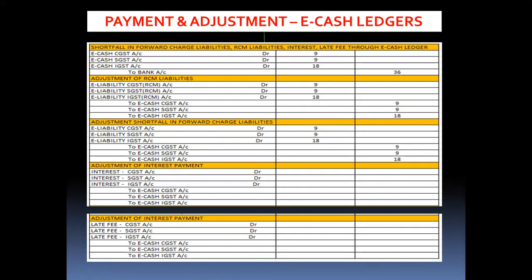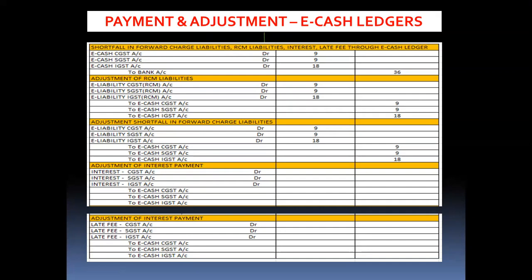Now coming to the entry for adjustment of RCM liability with balance in e-cash ledger, the entry would be e-liability CGST RCM account debtor, e-liability SGST RCM account debtor, e-liability IGST RCM account debtor to e-cash CGST account, e-cash SGST account, to e-cash IGST account.